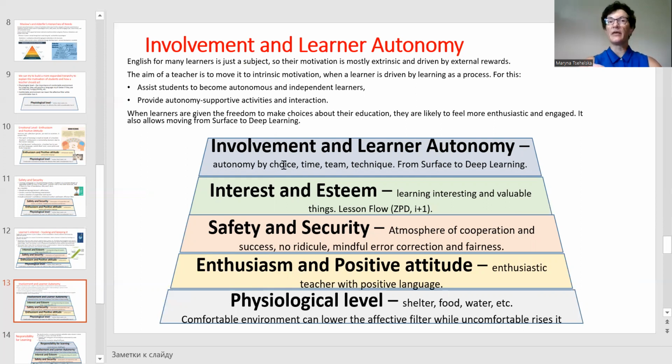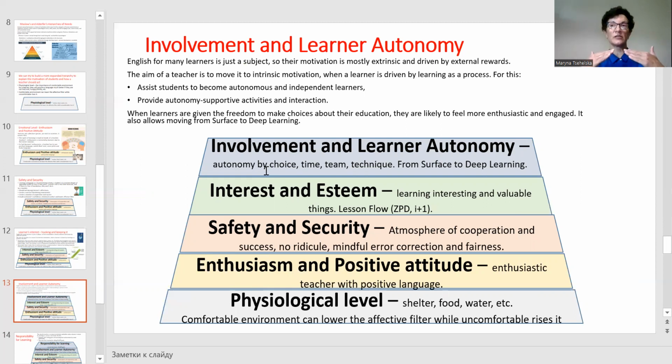Our learners may choose what to do. They may choose how much time they will need, who to work with, and what techniques to use. All these three factors, autonomy by choice, by time, by team, and by technique, distinguish how much your learners are involved in what they are doing.